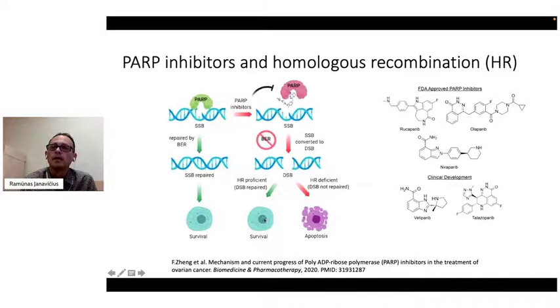Therefore, we rescue normal cells and target specifically cancer cells. That principle is called synthetic lethality, mostly due to synthesis. So all of these systems act together. That's the name of this phenomenon.